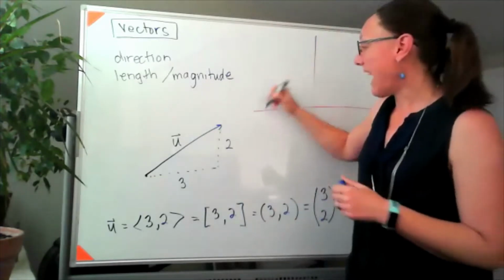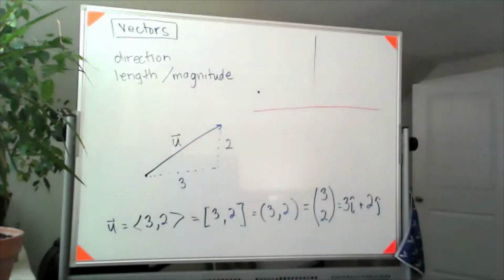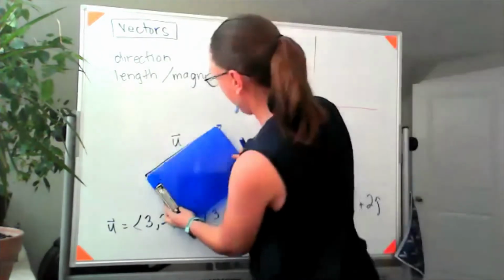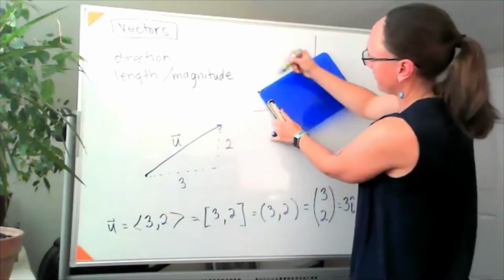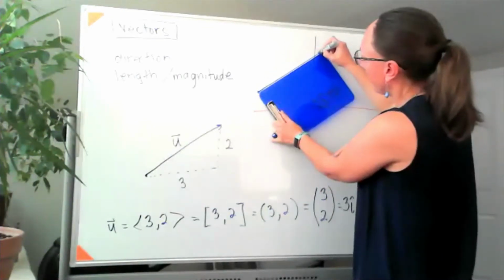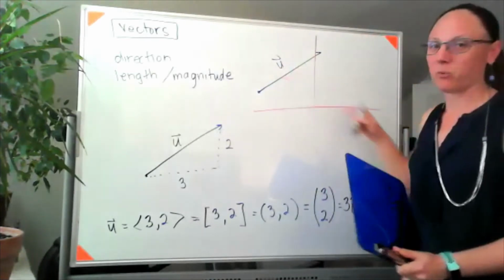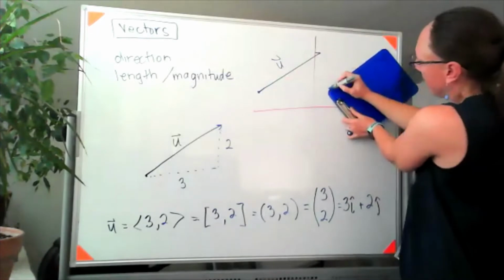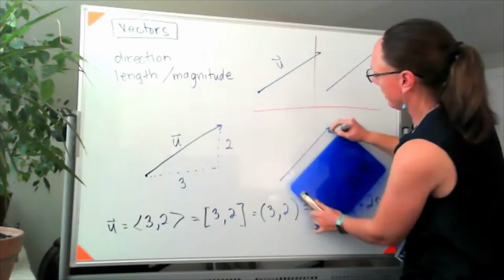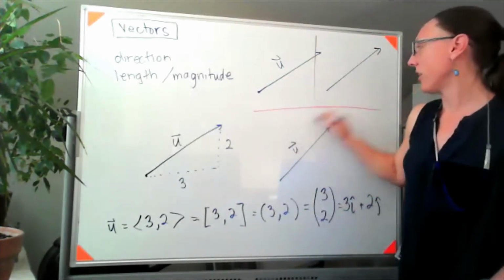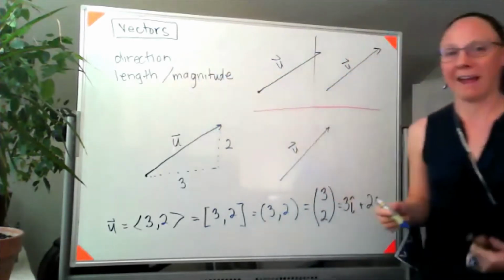I could make that same vector u starting over here. As a vector, that vector u is the same vector whether I started it over there, or over here, or over here, as long as it has the same direction and the same length or magnitude.